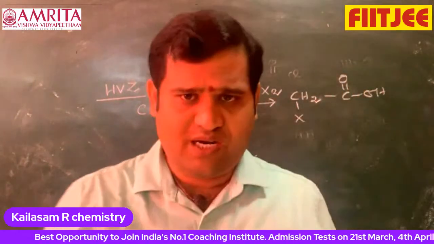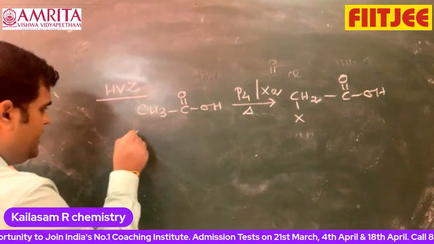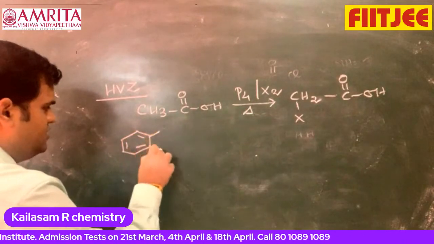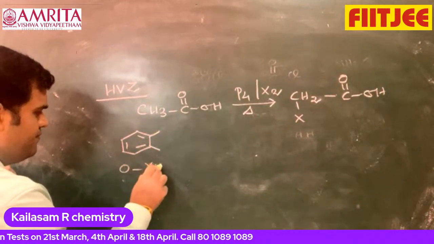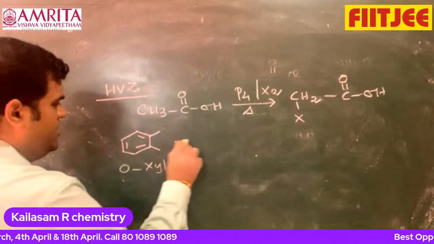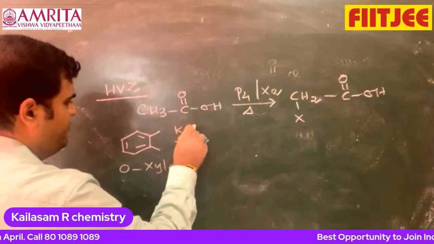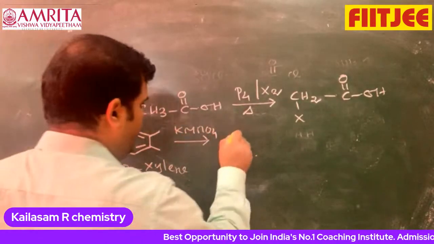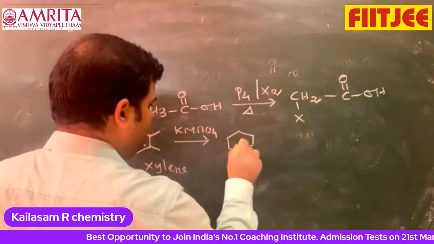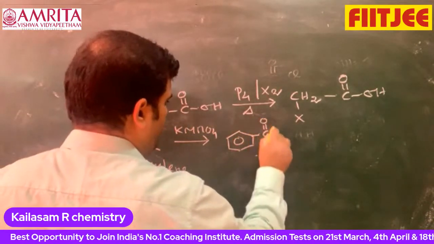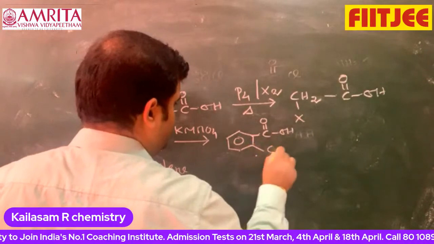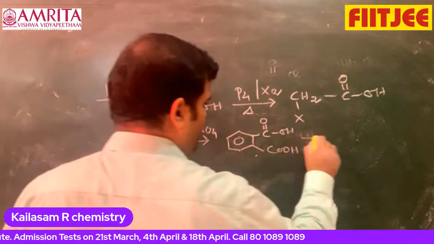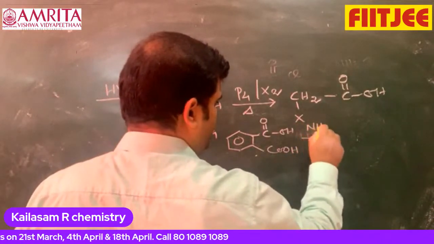So next, look at that. They are taking orthoxylene using KMnO4, which gives C double bond O OH, COOH. It's called phthalic acid. And phthalic acid, I am using with 2 moles of ammonia.